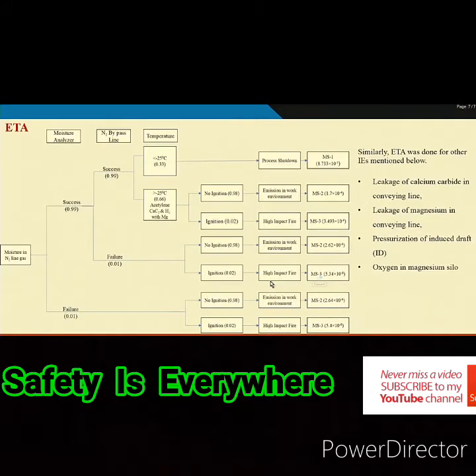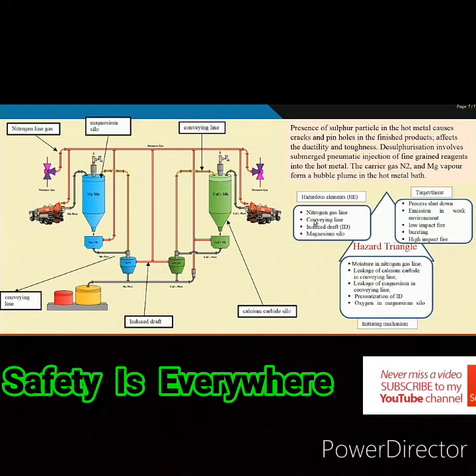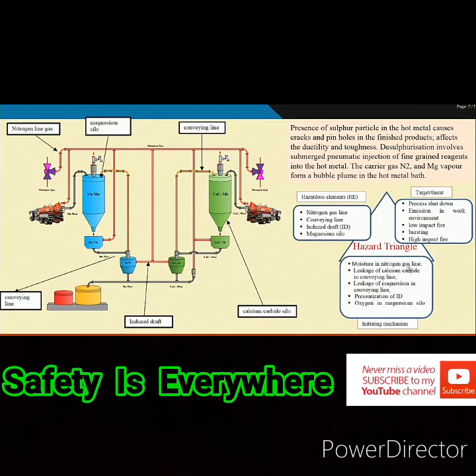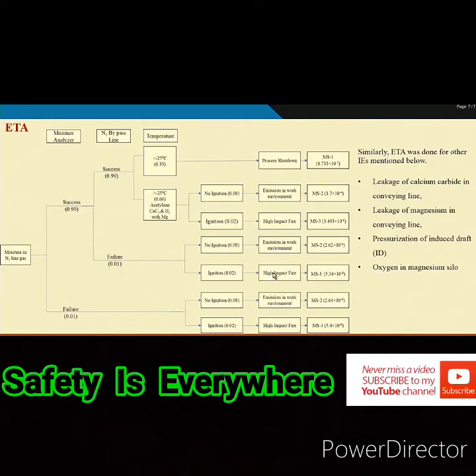We have considered one of the hazards, the nitrogen gas line, with moisture in the nitrogen gas line. So, this is our initiating mechanism. What is the probability or frequency of moisture in the nitrogen gas line? That is to be estimated also.